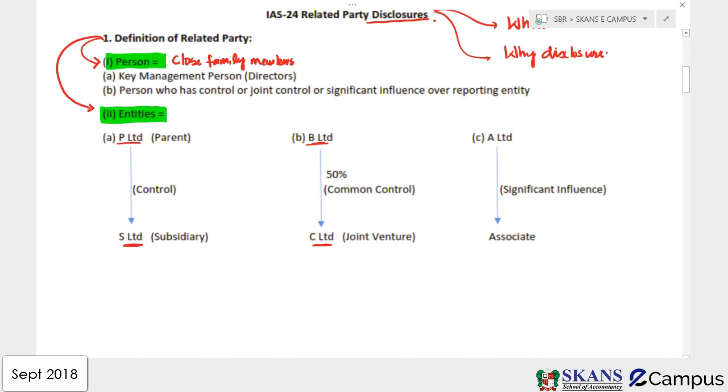If A limited has significant influence over a company, suppose it's a B limited, then B limited and A limited both are related party. So parent subsidiary relationship, both are related party to each other. It's an investor and joint venture. So you are the joint venturer and it's a joint venture. So the relationships are related party to each other. In the same way, if you are an investor and you have an associate, they are also related party.